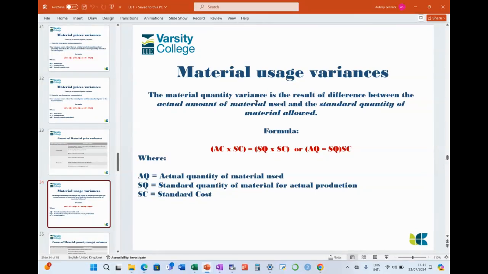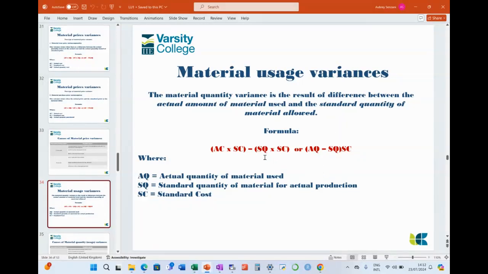Material quantity variance, okay, is the result of differences between actual amount of material used versus the budgeted. In other words, the standard quantity of material allowed, or that we anticipated that we would use. Okay, sometimes these terms are what actually confuse us at times.